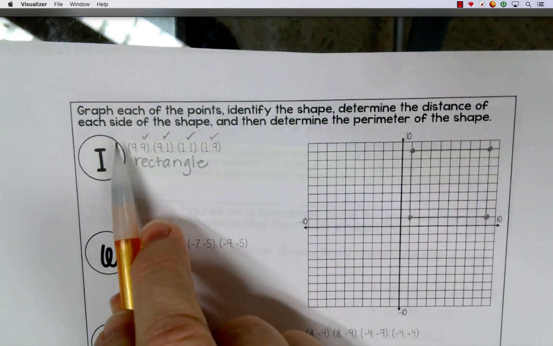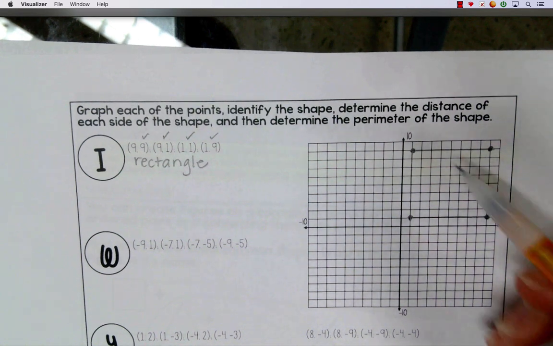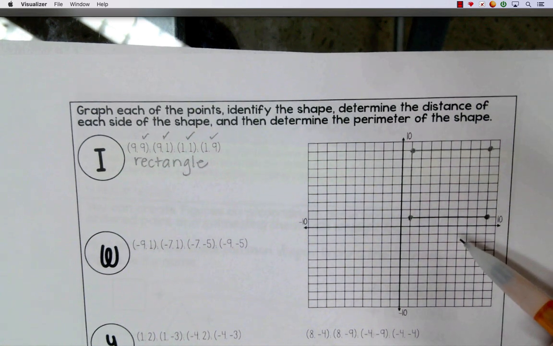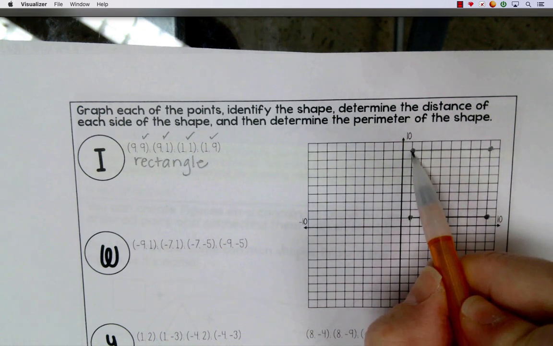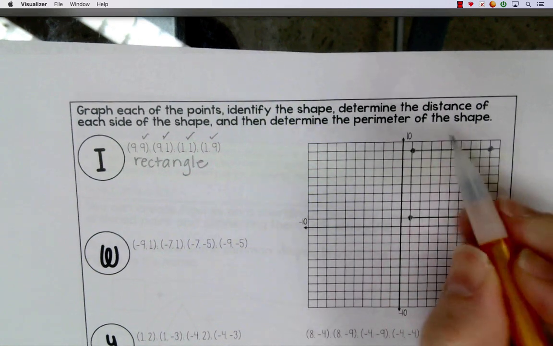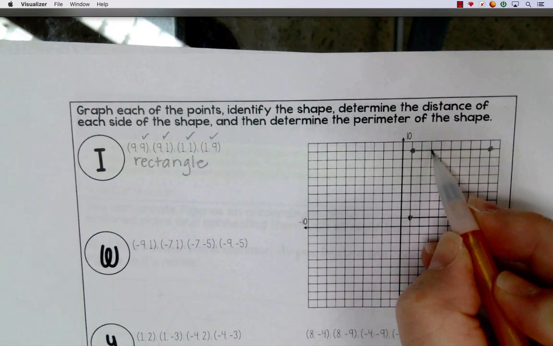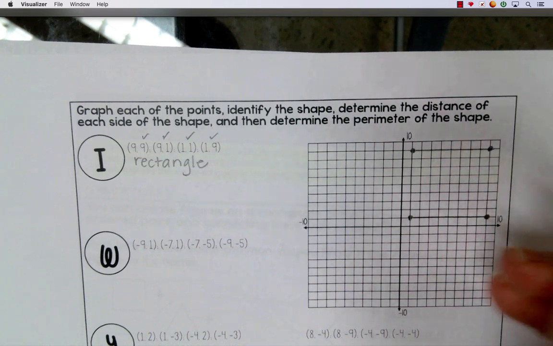Determine the distance of each side of this shape. So with the rectangle, opposite sides are also the same length. So we only have to count one side going vertical and one side going horizontal. So 1, 2, 3, 4, 5, 6, 7, 8.